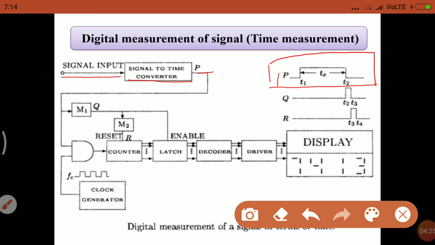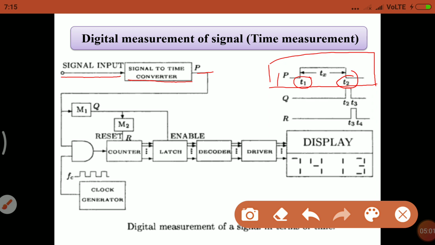Let's say two events occur. At T1 the first event occurs. After that at T2 the second event occurs. So whatever the time interval between these two events is measured by a pulse width of Tx. So at point P we will get a Tx pulse width.